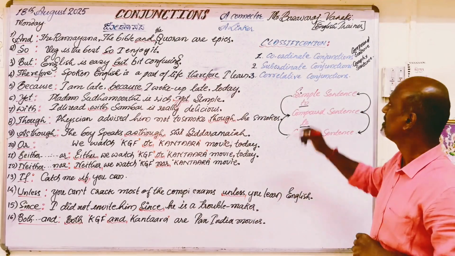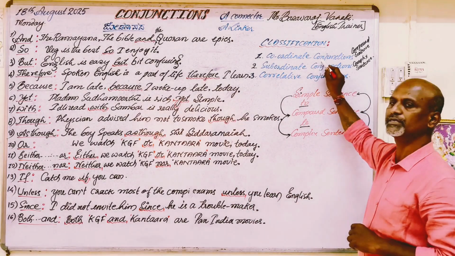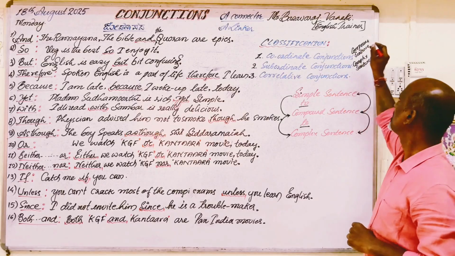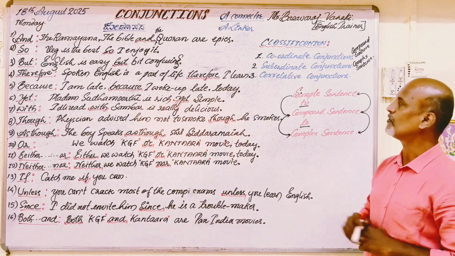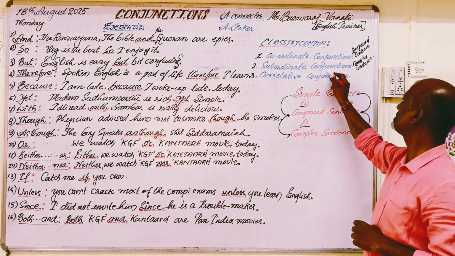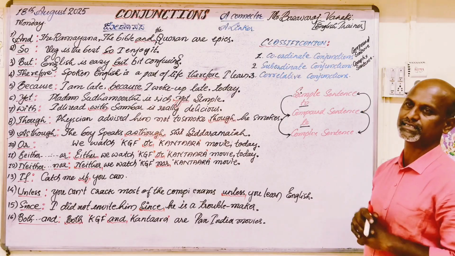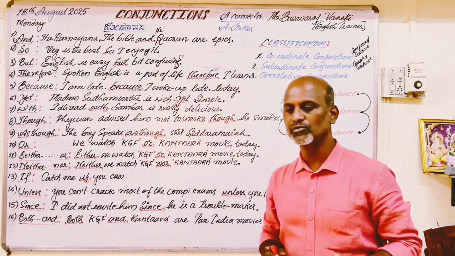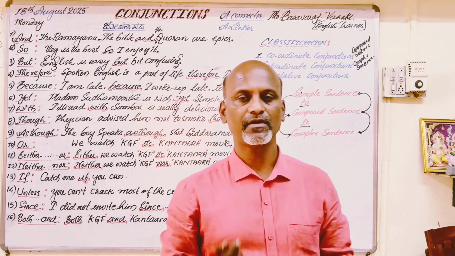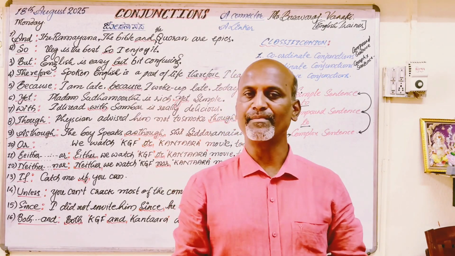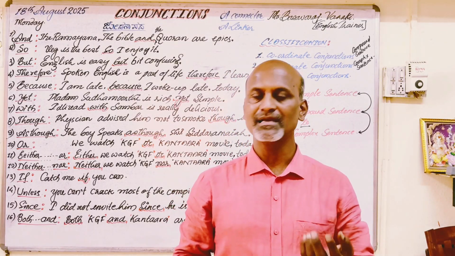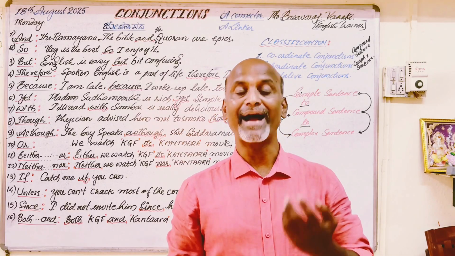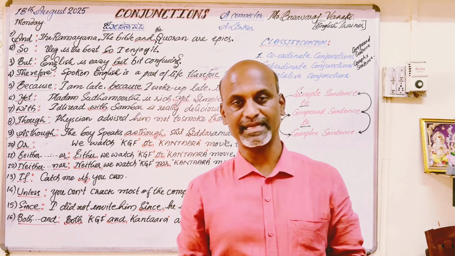How do we use it? We use coordinate conjunctions for compound sentences. We use subordinate conjunctions in complex sentences, and correlative conjunctions are also used in day-to-day communication, grammar, state government exams, central government exams, banking exams, and defense exams.